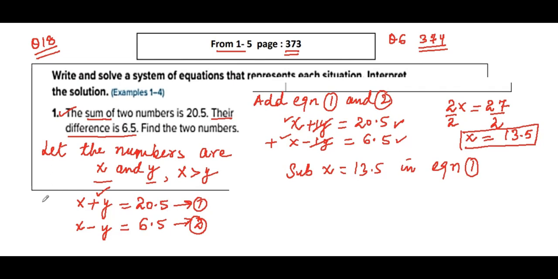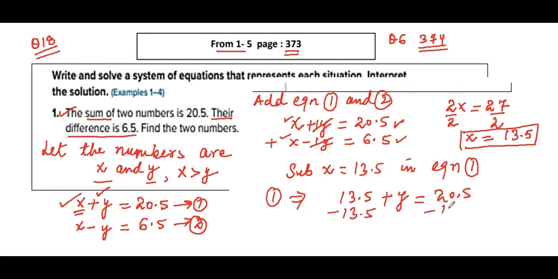So I'm substituting in the first equation. Equation 1 implies x plus y, with x as 13.5, is equal to 20.5. So minus 13.5 both sides. We are left with y is equal to 5 minus 5 is 0 and 20 minus 13 is 7.